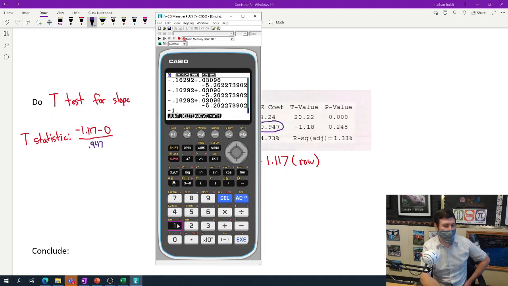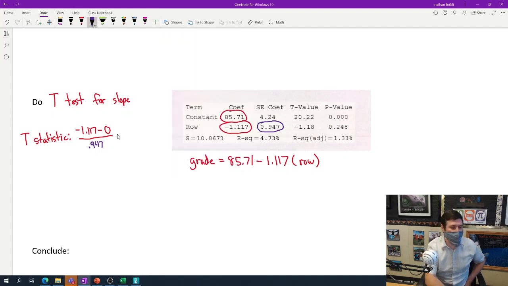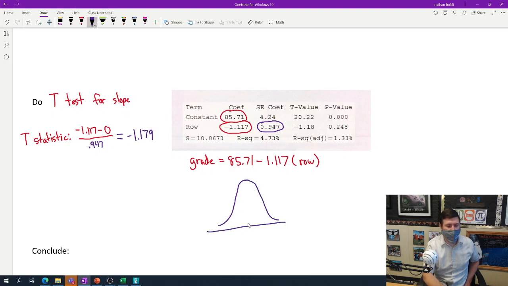Negative 1.117 minus 0, that doesn't do anything, so just divide it by 0.947. Negative 1.179. So that's like a z-score, right? That's like a z-score. So in my t-distribution, all right, that's over here, negative 1.179.